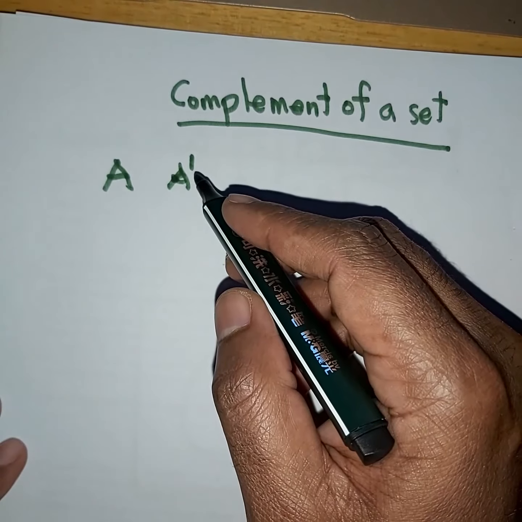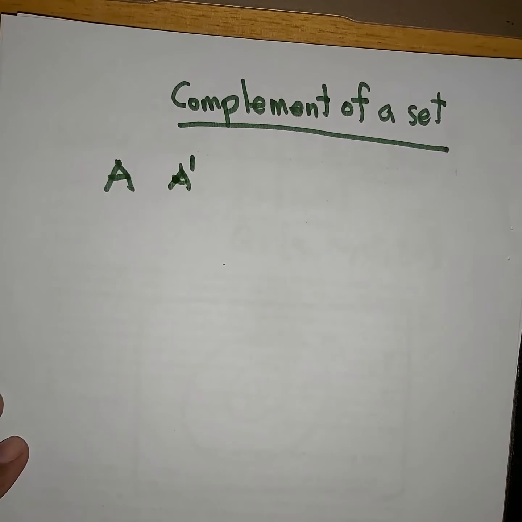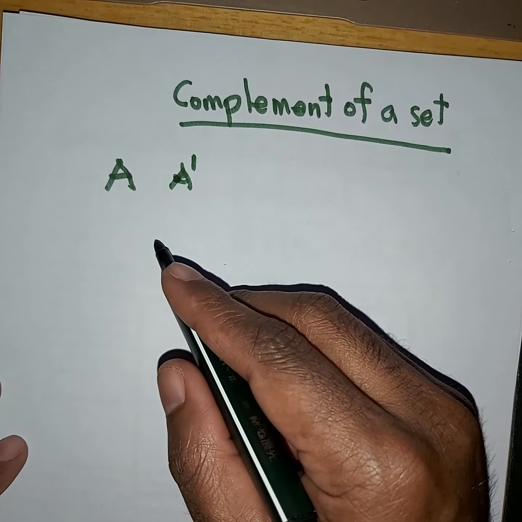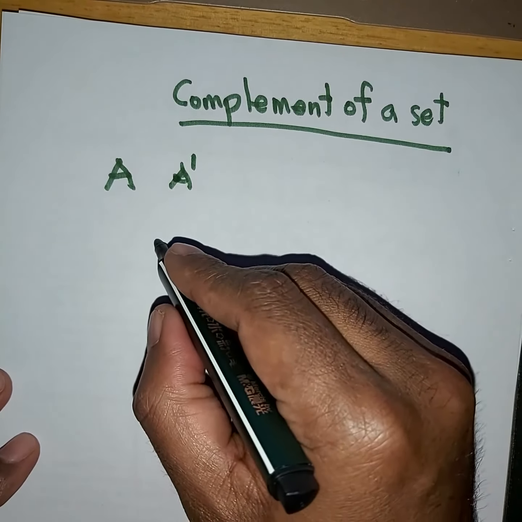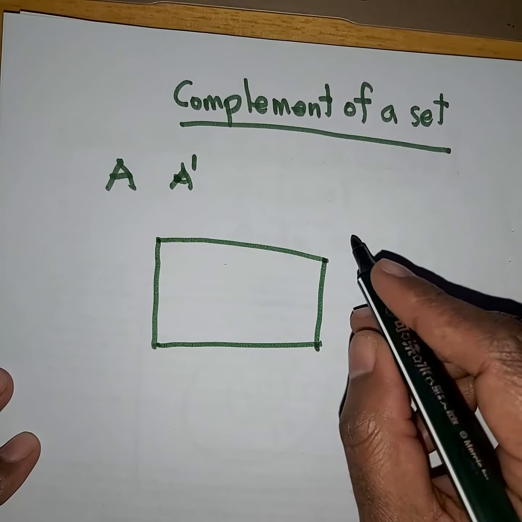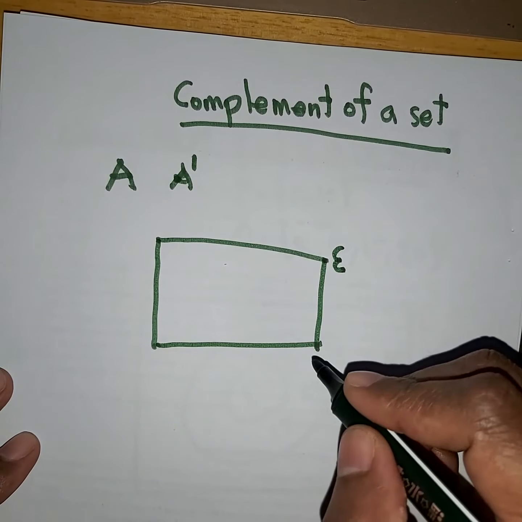Before looking at an example, let me represent the complement of set A using a Venn diagram.